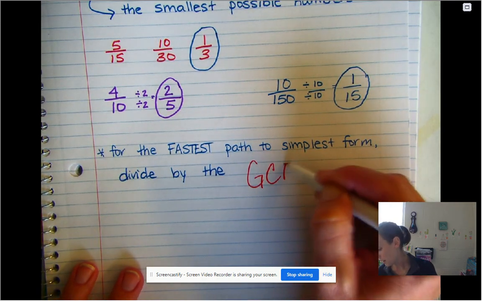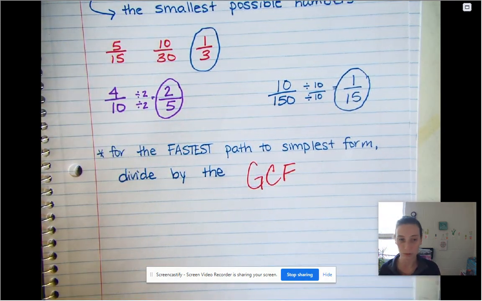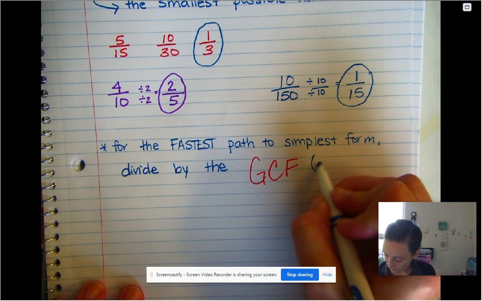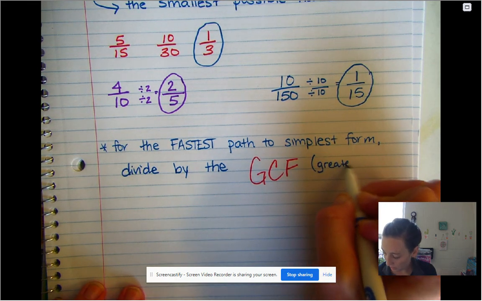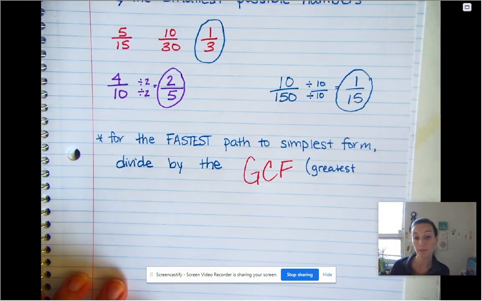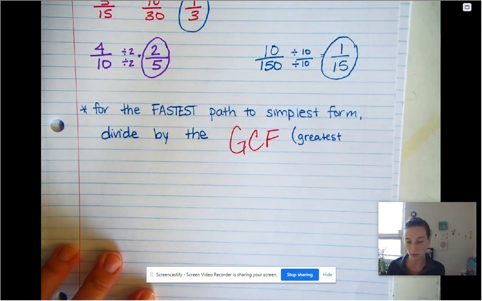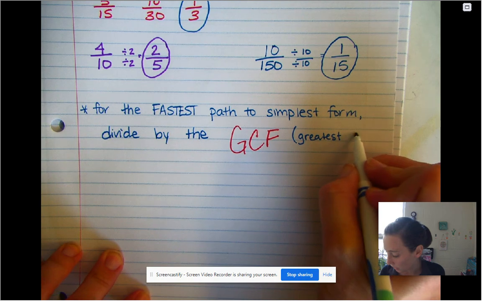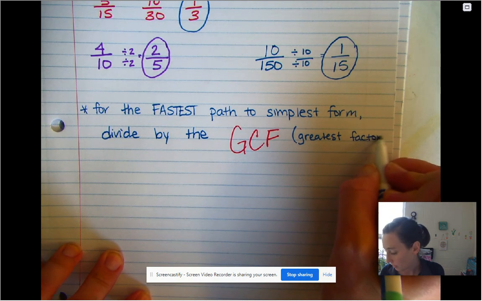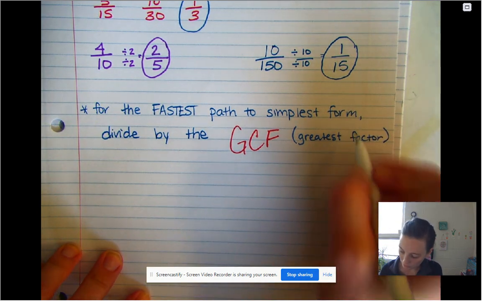Greatest common factor. Woohoo! So if they both have 2 as a factor, but they also both have 4 as a factor, then divide by 4. Just cut right to the chase. If you divide by 2, they'll still have a common factor, and you'll just have to divide again. Oops, I forgot the word common.